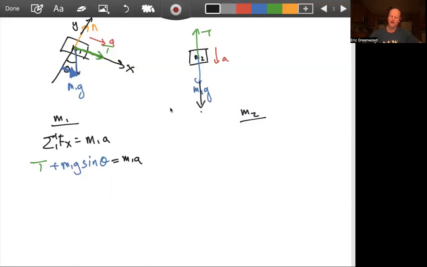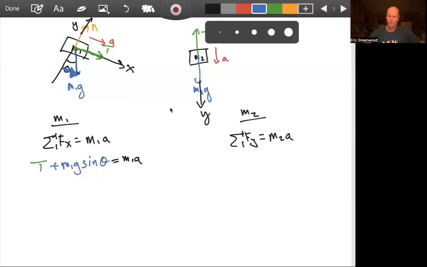So in the second picture, I'm going to take my positive y direction to be in the direction of the acceleration, which, since it's accelerating downward, I'm going to take positive y to be downward. So I can then say the sum of the forces in my y direction is equal to, is it accelerating? Yes, good. So m2a. Here, again, I'm going to look at what forces I have acting in my y direction.